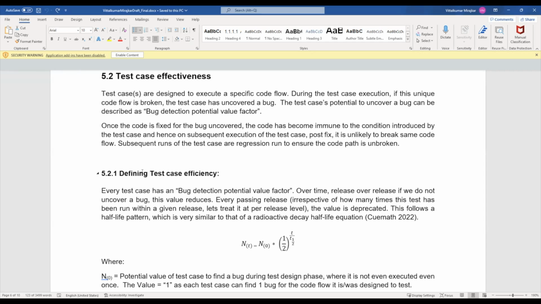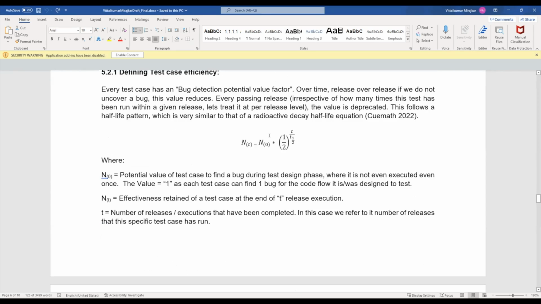Now, when we talk about decaying, at what rate is it decaying? It is almost decaying according to an equation which we are very familiar with, or at some point in time would have come across. It's called the half-life equation. This is a simple concept based on calculating radioactive half-life, and basically talks about how the decay of elements can be calculated once we know the rate of decay.